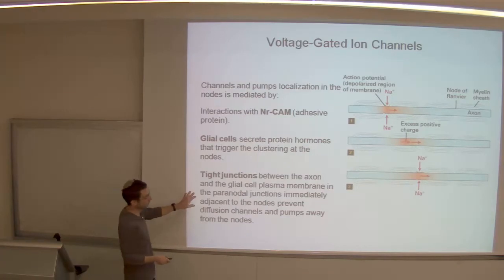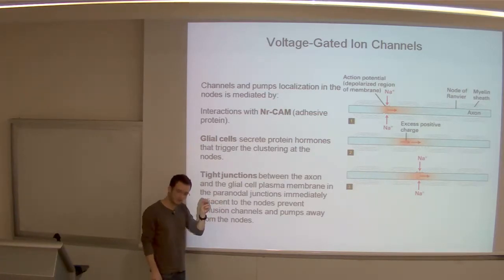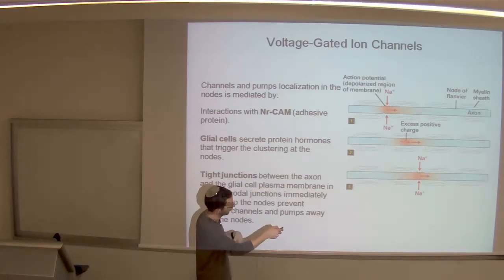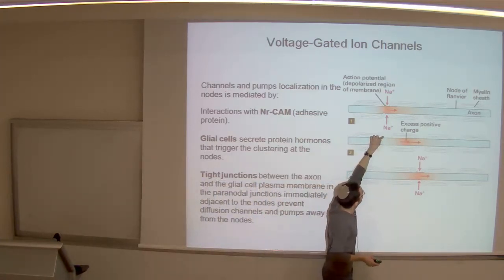And the last thing we know that plays a part here is the tight junctions, which are something like molecular stitches between the plasma membrane of the neuron or the axon and that of the glial cell, the myelin sheath. So tight junctions stitch these two membranes together right here in what is called the paranodal junction, which is right where the axon meets another covered region starting.